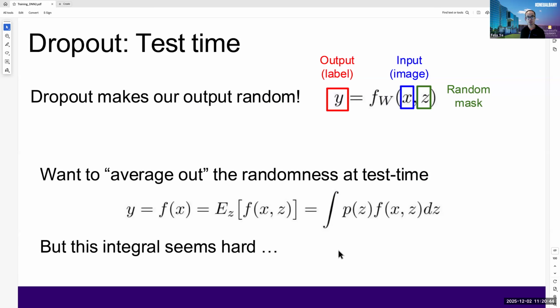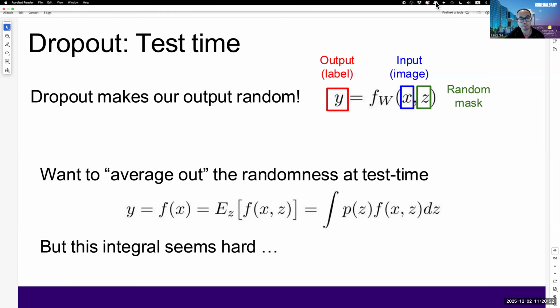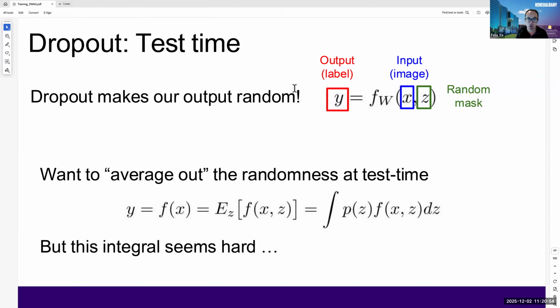But the issue is, when we do testing, this might be a problem, because dropout will make our output very random, right? For some given random mask, you give the images, we give our labels.